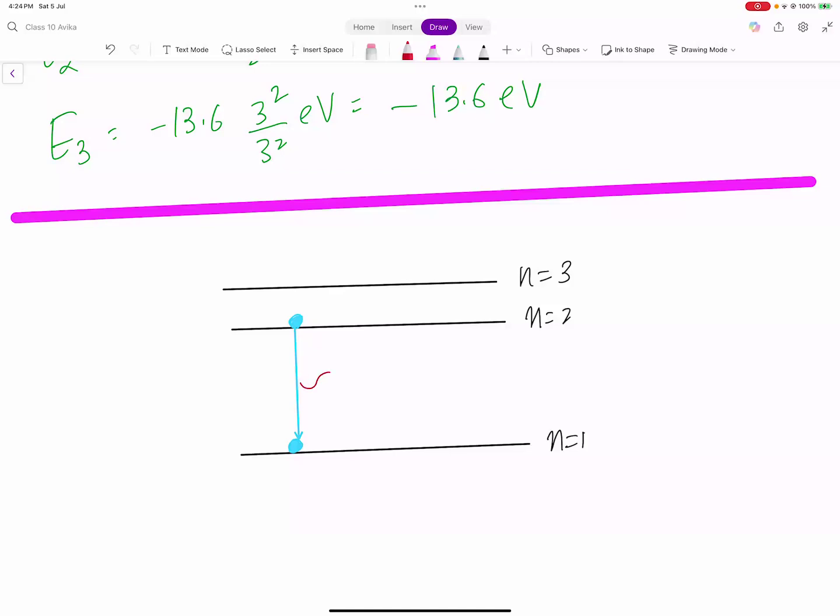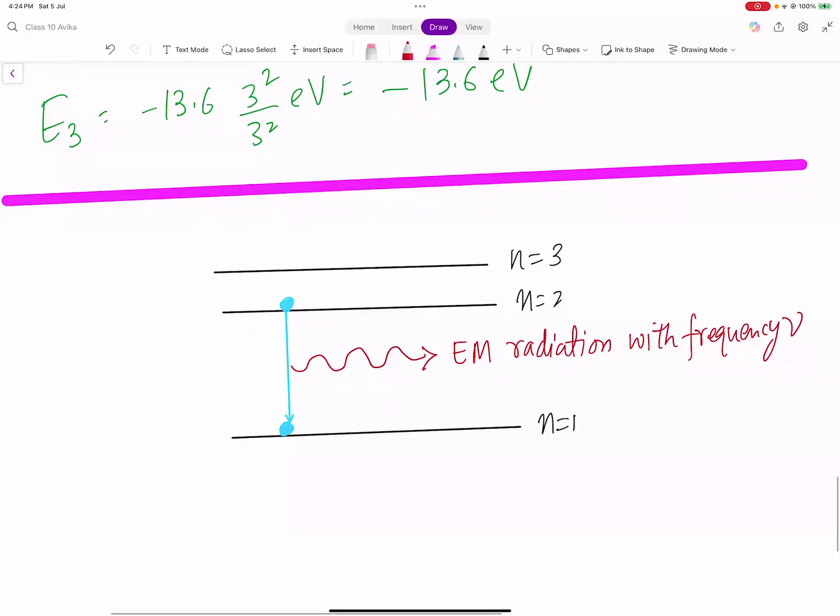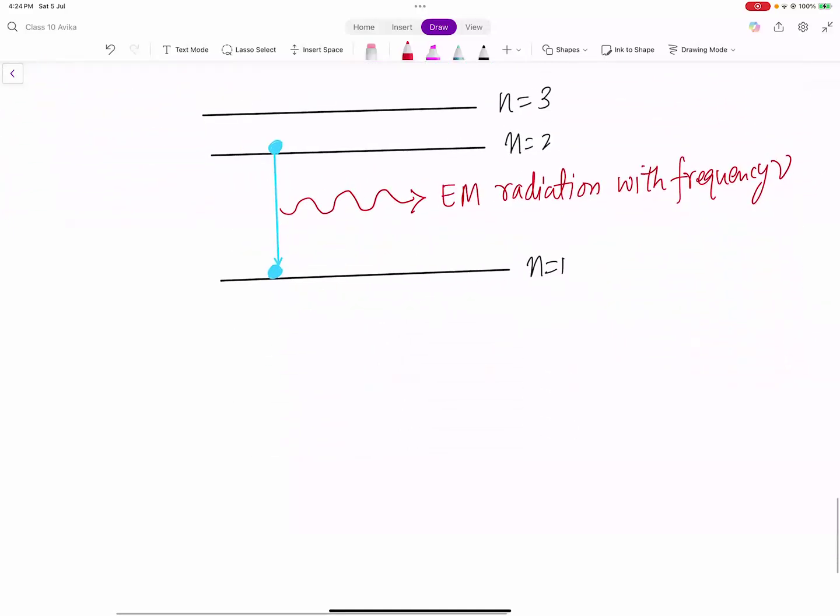So when it drops, this is electromagnetic radiation with a certain frequency nu, right? Got it? Clear?